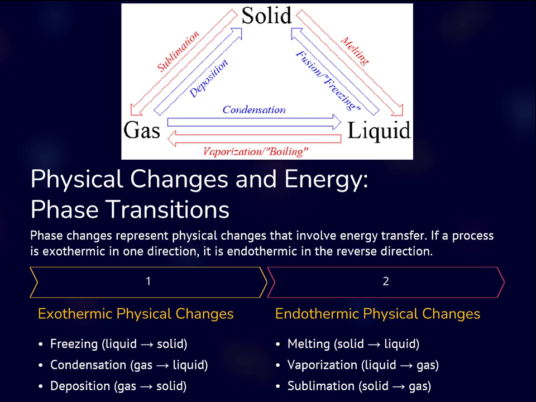For example, dry ice turning into carbon dioxide gas. The key idea is this: if a process requires energy input, it's endothermic. If it's releasing energy, it's exothermic. And these principles apply to both chemical and physical changes.